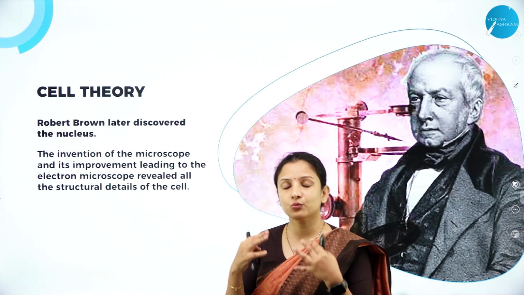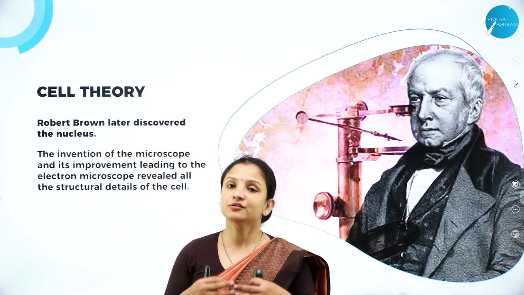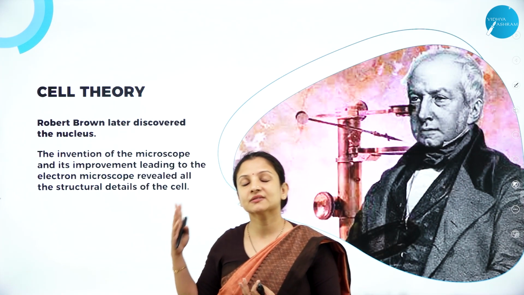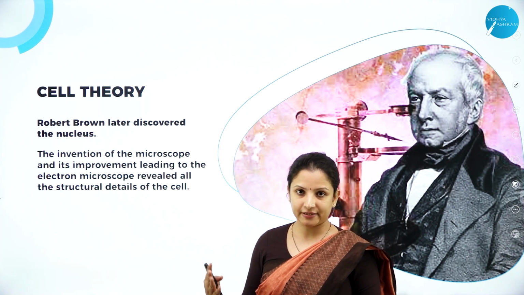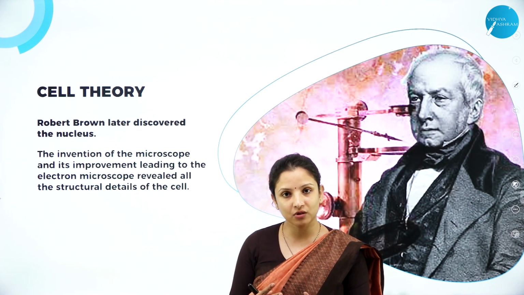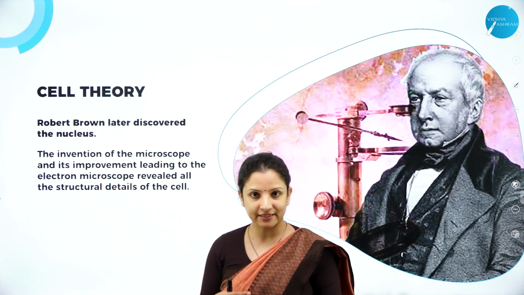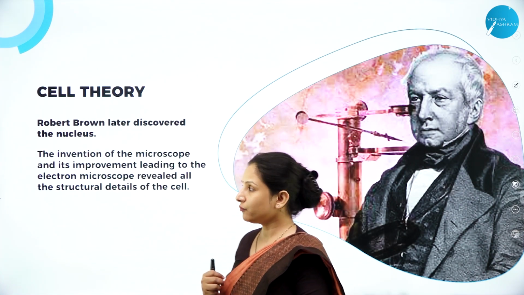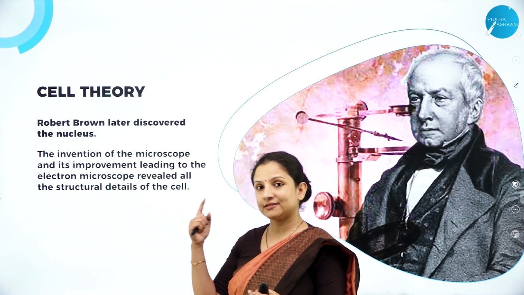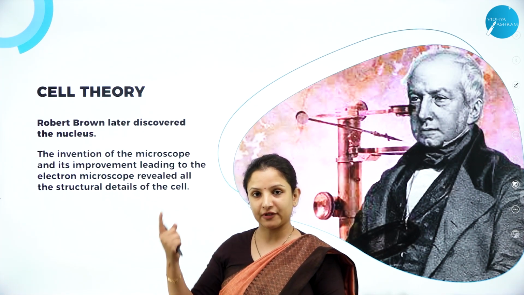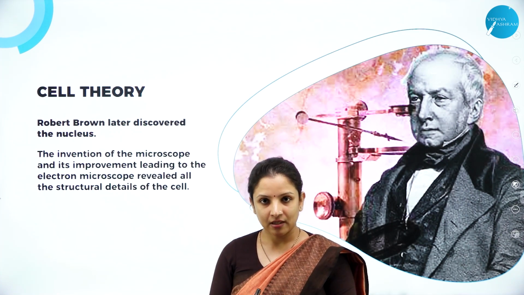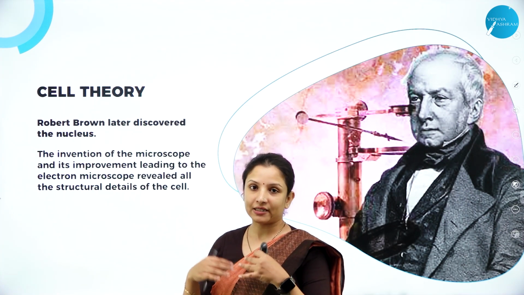Next, once the existence of the cell was known throughout the world, it was at that time that the cell theory began to be formulated. There were various scientists who, by their various works, contributed to the formation of cell theory. Let's study each of them one by one. First, let's talk about Robert Brown. What did I say? Anton von Leeuwenhoek was the first person who studied the live cell, but he didn't know what was inside the cell.